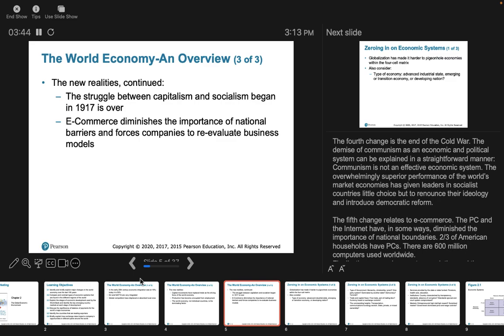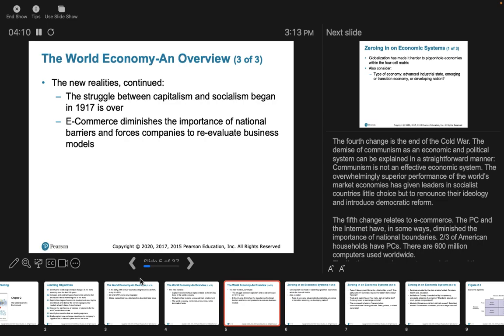Now we're going to look at e-commerce, another aspect of the new reality of today. E-commerce diminishes the importance of national barriers and forces companies to reevaluate their business models. Like I said, the EU ensures that these national barriers are not there.